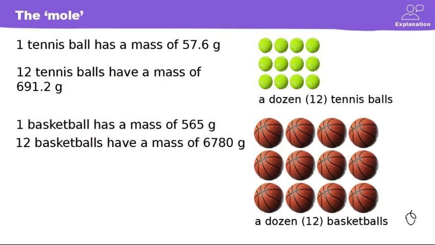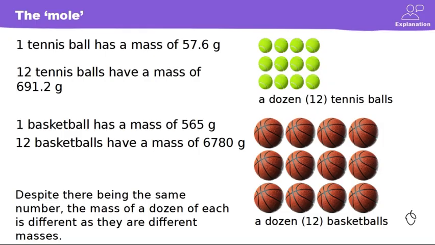This is the same with elements. Their atomic masses are completely different, but if you weighed out a mole of each of the elements, you would still have the same number of particles in that different mass of each element. Despite there being the same number of tennis balls and basketballs, the masses of a dozen of each are different as they have different masses.